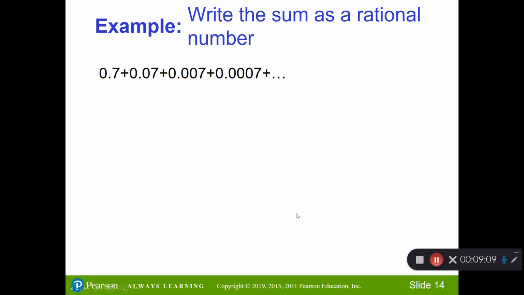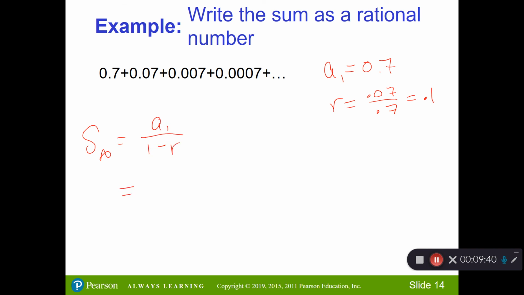All right, let's write this sum as a rational number. Now, notice the A1 here is the first term that appears, so 0.7. Now, how do I get from here to here? r is 0.07 divided by 0.7, and so that would be 0.1. So all of this added up adds up to A1 over 1 minus r.